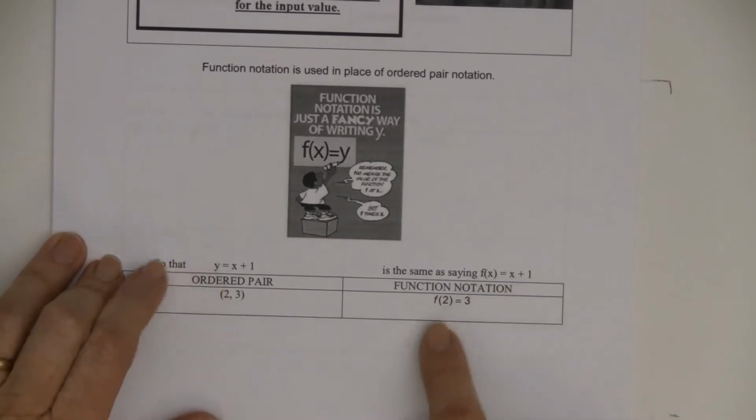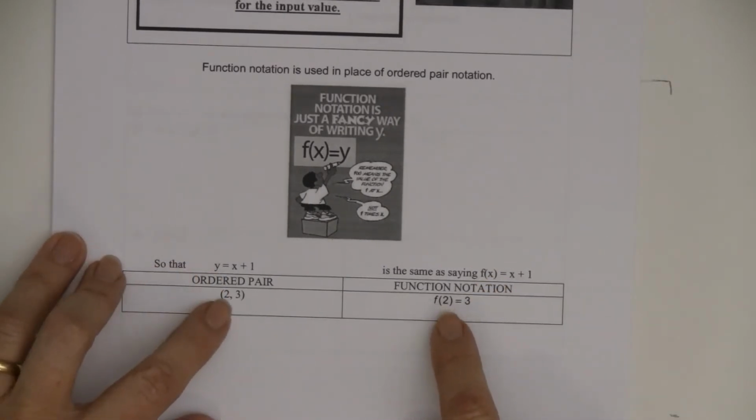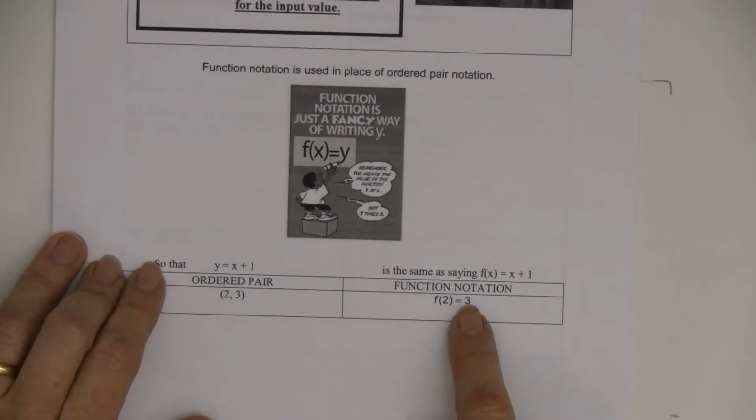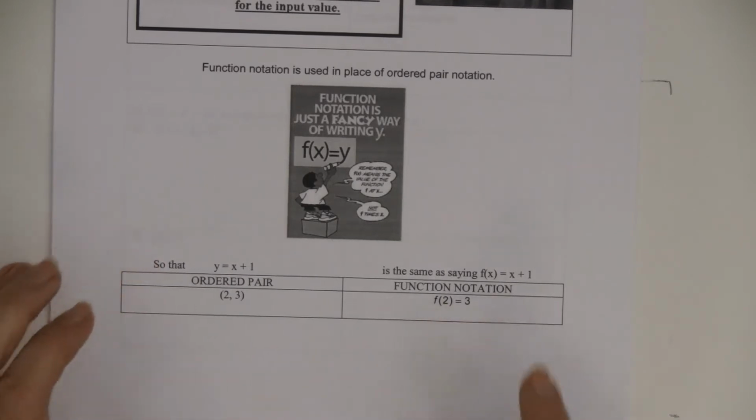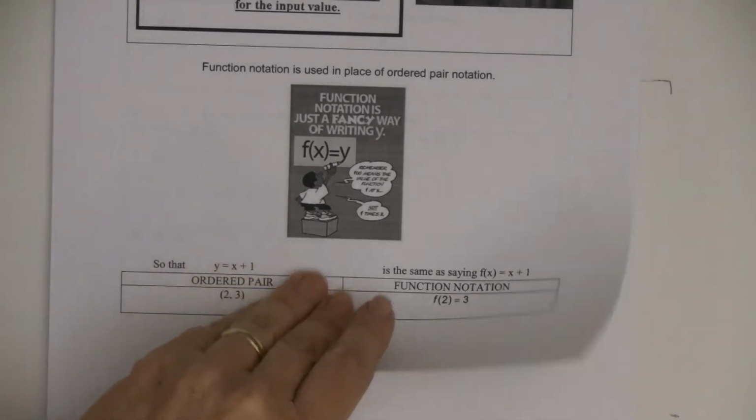And then you would say f at 2, and that's your ordered pair 2, equals your y value 3. It takes a little bit of time to get used to it, and those are the first problems in your book, just getting used to it. But it turns out to be a beautiful thing after you get used to it.